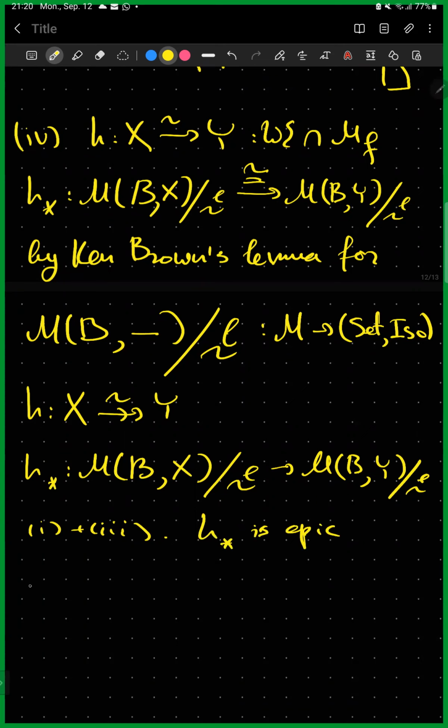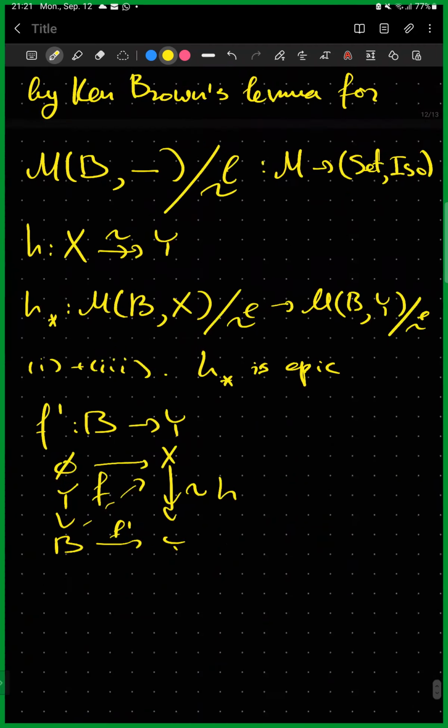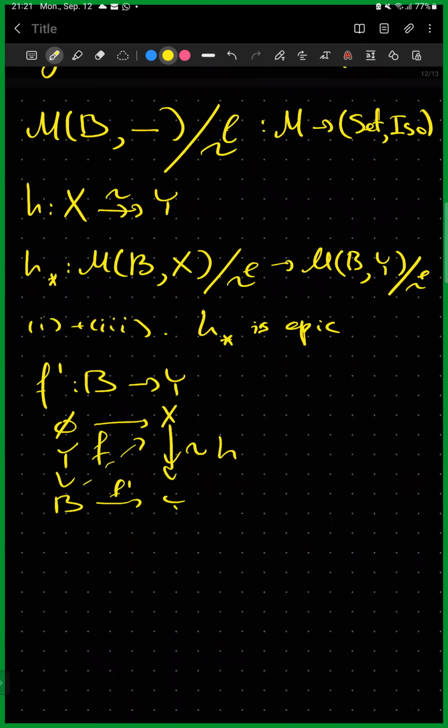Assume that we have a map F prime from B to Y. Since B is cofibrant, we can consider the following diagram. And here it is a trivial fibration, hence there is a lift which shows that H is in fact an epimorphism. So it is an epimorphism even without passing through homotopy classes of maps.